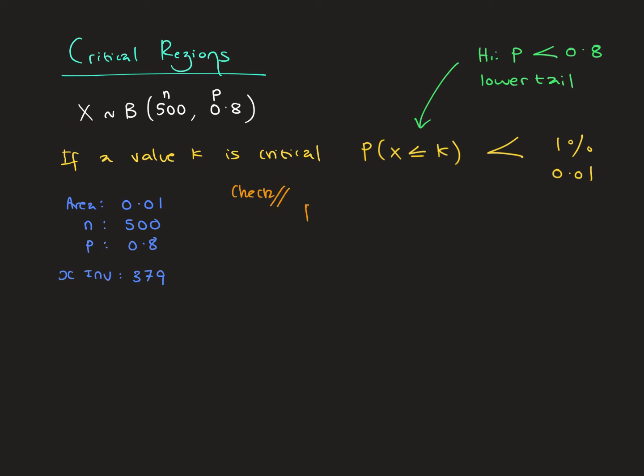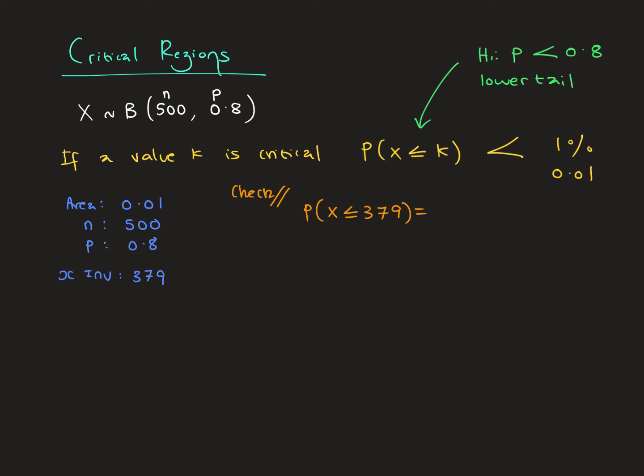So I'm going to work out the probability that X is less than or equal to 379. This should be fairly simple now on the calculator. We want binomial and the BCD, and the lower value is 0, the upper value is 379.